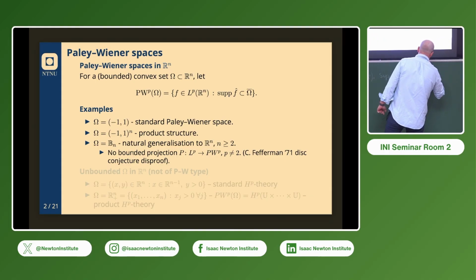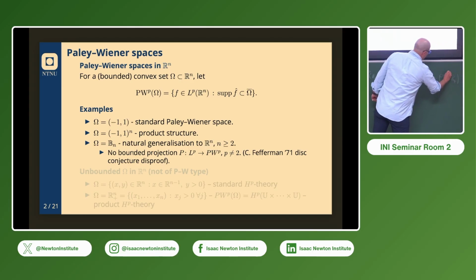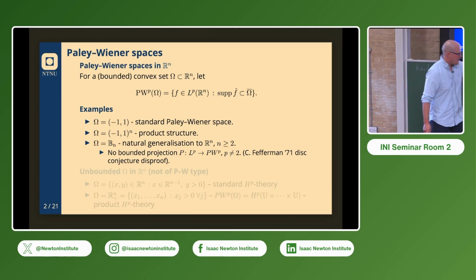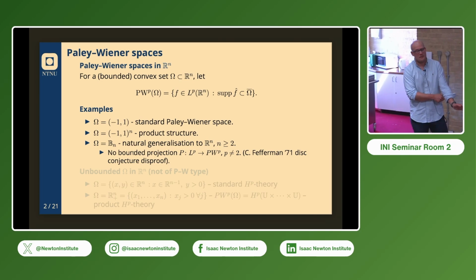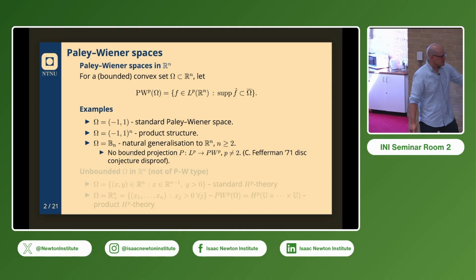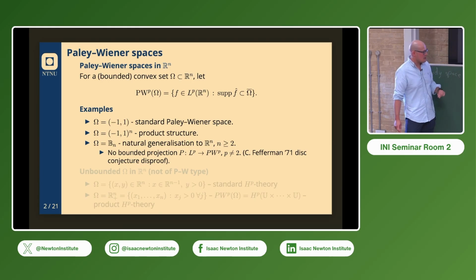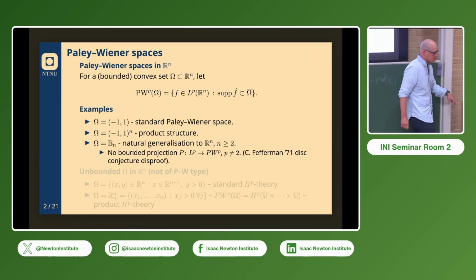In this notation, this would be the Paley Wiener space of R plus. Of course, this behaves differently than a Paley Wiener space. Why the upper half plane? Well, if you have a function which has only positive Fourier support, then it is analytic in the upper half plane, and so you can associate it with a space of analytic functions there. But again, my talk will not be very analytic, that's just the background.